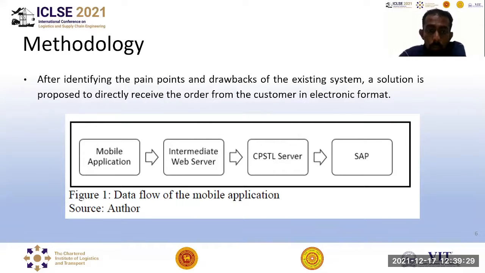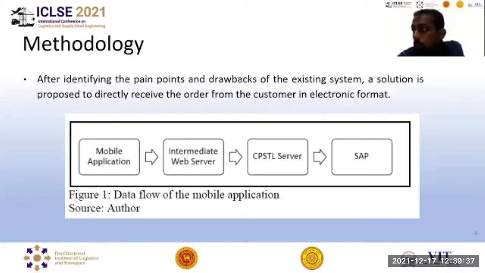So what we are planning to do is to get the original sales order in electronic format into a mobile application. Then it will be transferred to an intermediate server, then it will reach the CPSTL site, and at the end it will be directly integrated into the SAP ERP system.